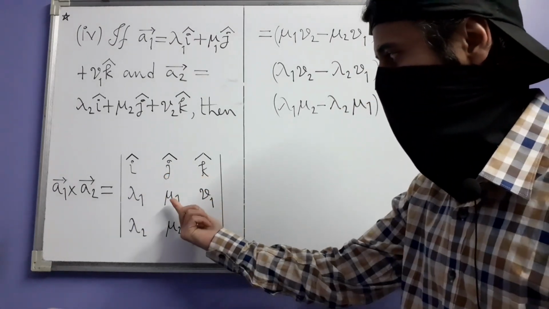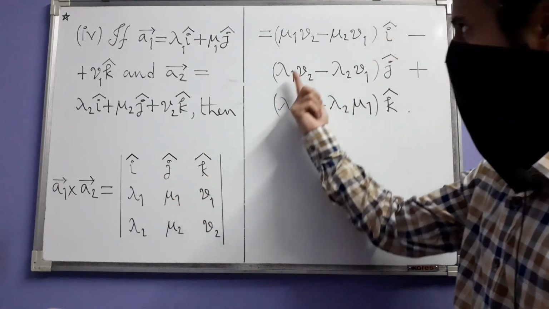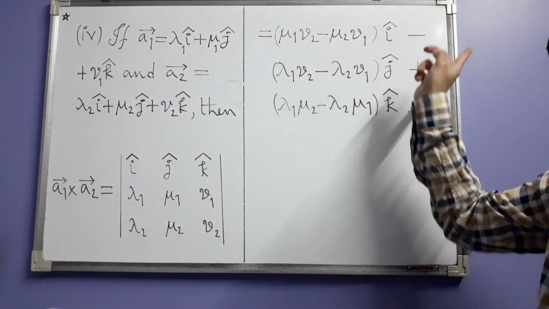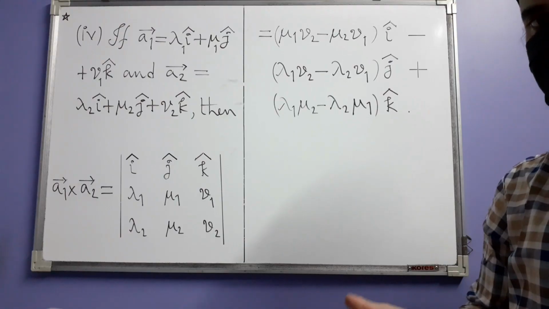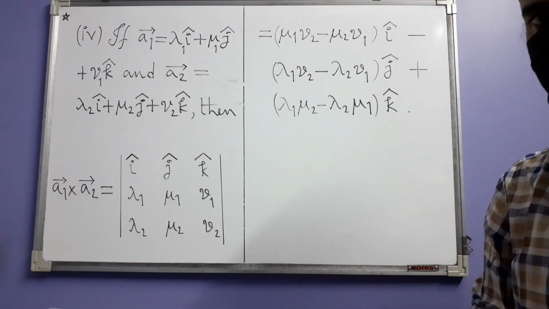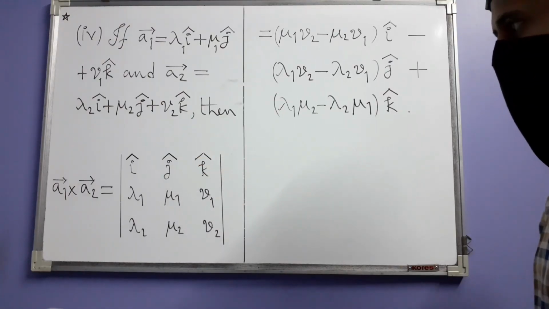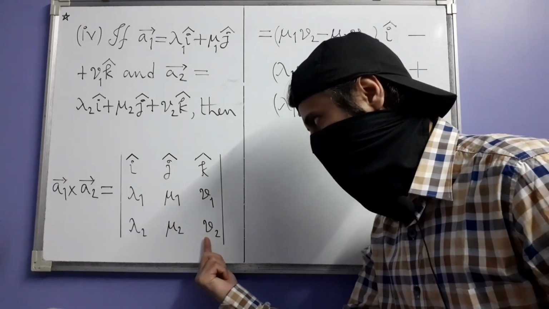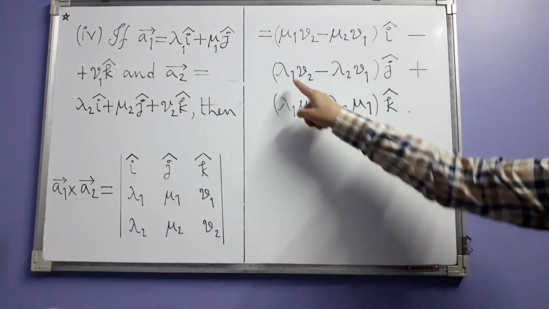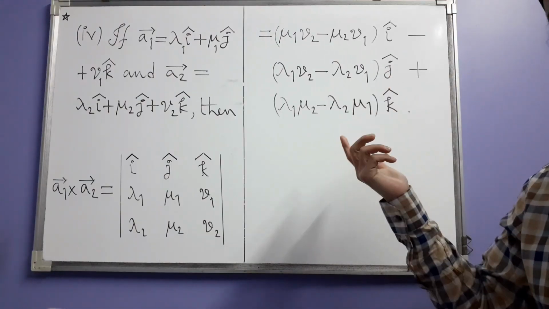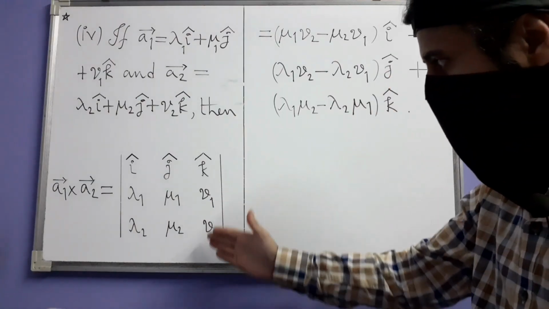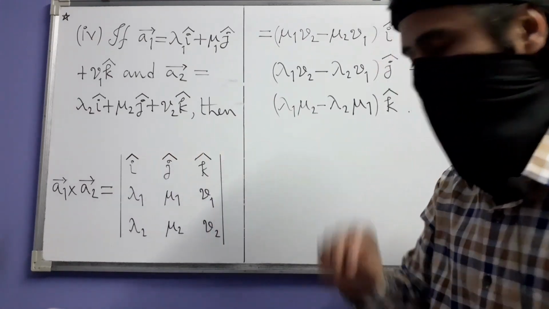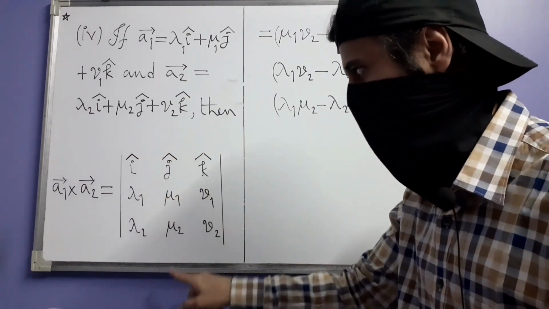For i hat you are going to get mu 1 nu 2 minus mu 2 nu 1. Minus, so you are just applying the rule for expanding a 3 by 3 determinant along the first row. Minus, for j hat you are going to get lambda 1 nu 2 minus lambda 2 nu 1. Then it becomes plus, and for k hat you remove the column and row containing k hat and consider the remaining entries.